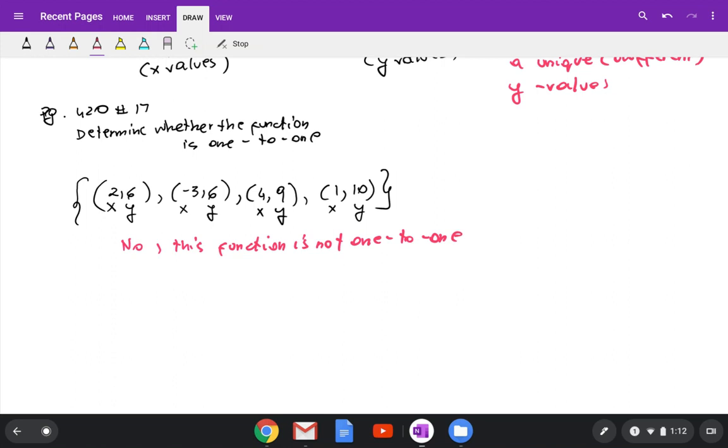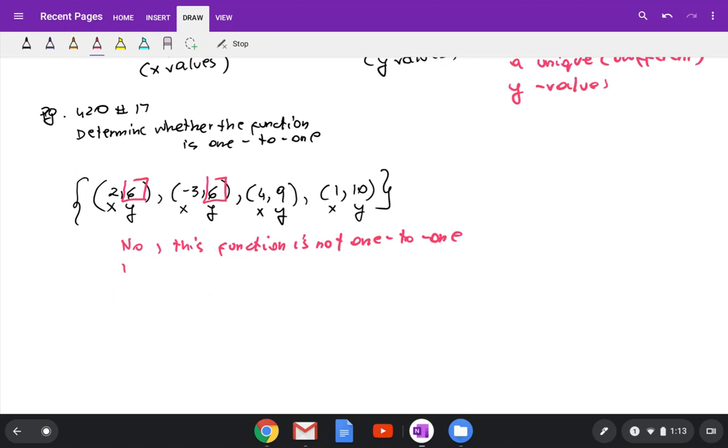And again, for a one-to-one function, now we're comparing y's. We're checking what happened with y's, and look what happened. There are 2 points which have the same y coordinate, which are mapped to the same y value, which can't happen in a one-to-one function.